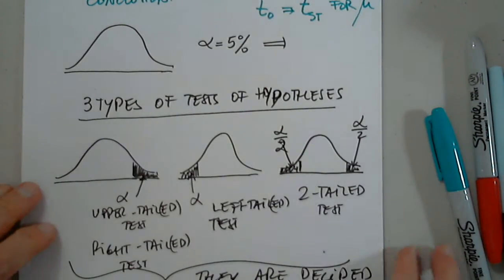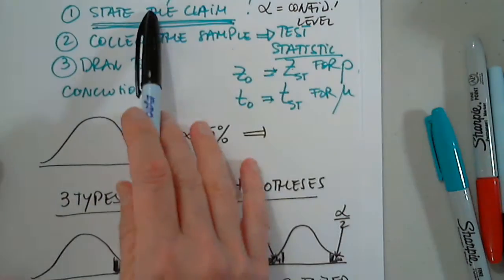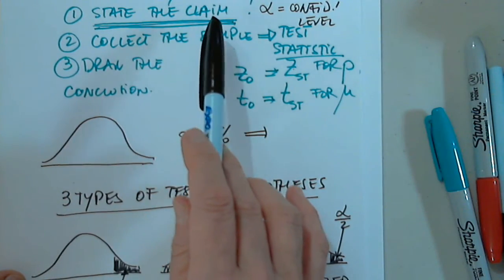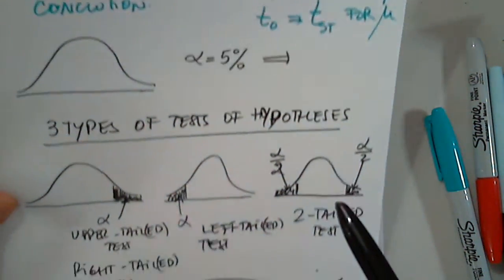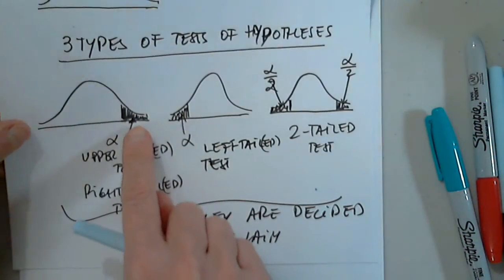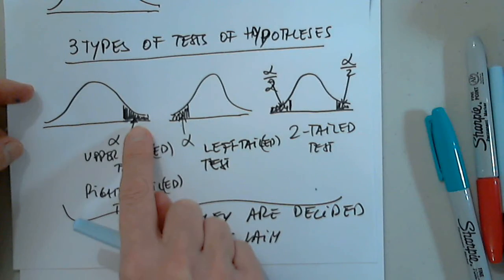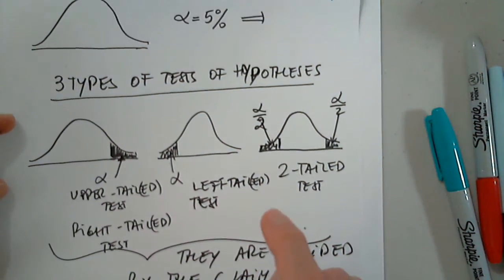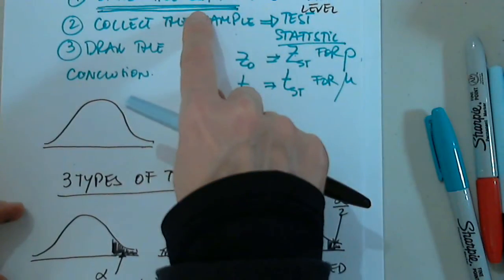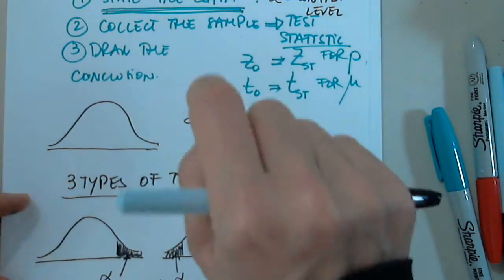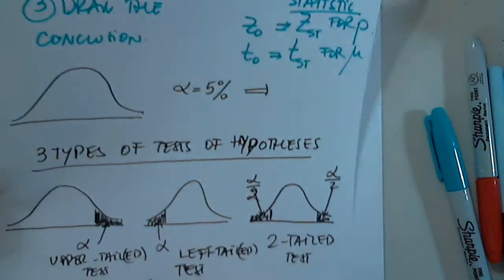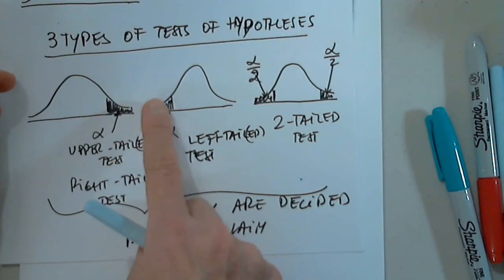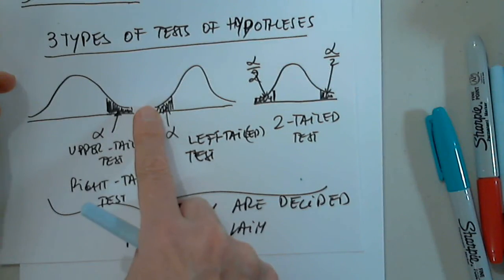If the claim says, well, I think that the number of smokers has increased in the population, then we're talking about this. Increased. If my claim is that the number of smokers decreased in the population, then I'm talking about a left tail test or a lower tail test.